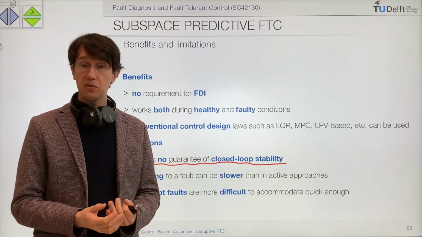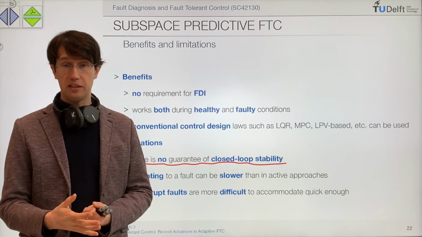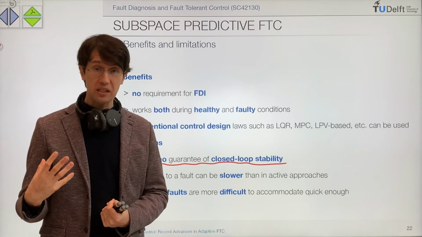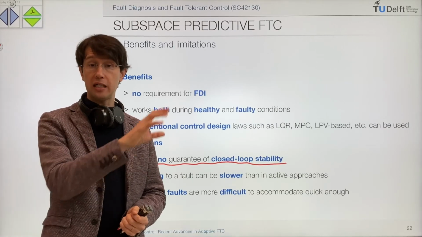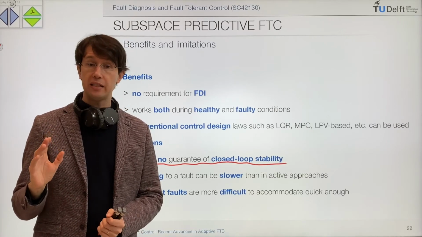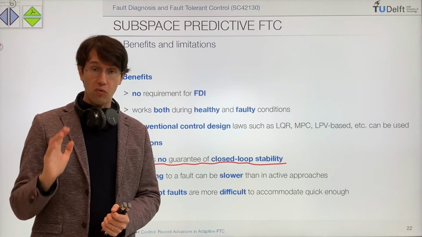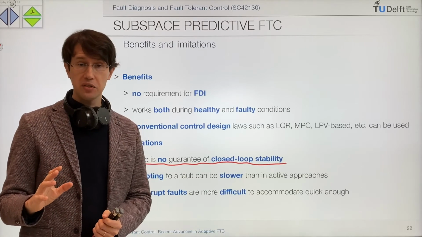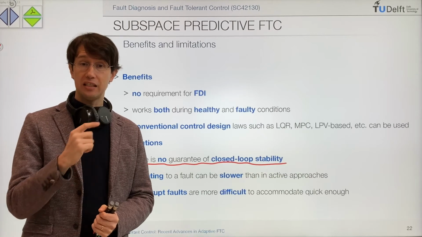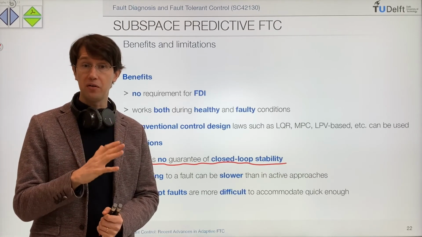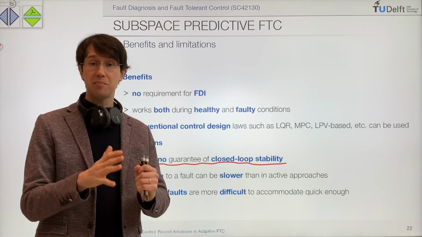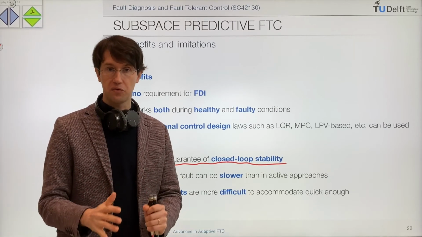One thing that you can do is to have a sort of hybrid approach where you still have an FDI block and you still have your adaptive part, but when the FDI block is detecting that you had an abrupt fault of one of the kind that you know is really dangerous, then you immediately switch the adaptive part to some pre-learned controller that you know is good for that specific, very dangerous fault.